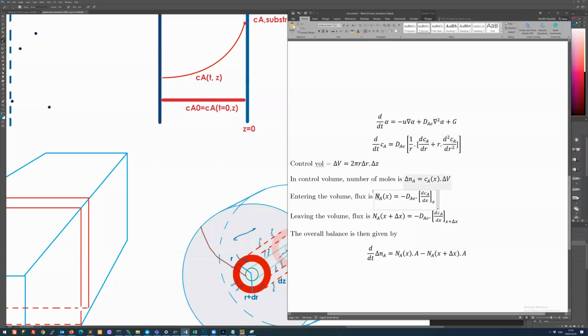And then the number of moles in this control volume is going to be the concentration at that radial position R multiplied by that control volume.